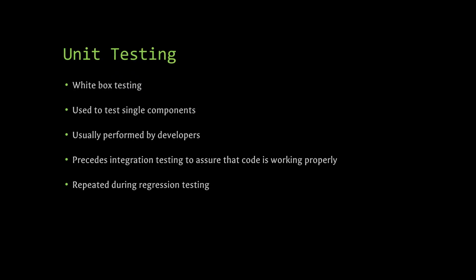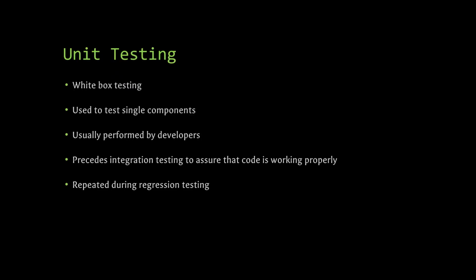A unit test can be performed in the debugger of an integrated design environment for software in most cases. You can watch variables there, and you can actually perform your white box testing right there, because all you're really trying to do with white box testing is ensure that the code is working properly.